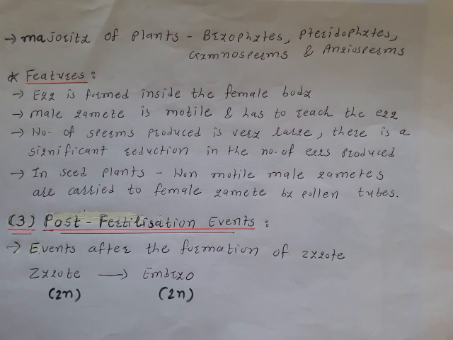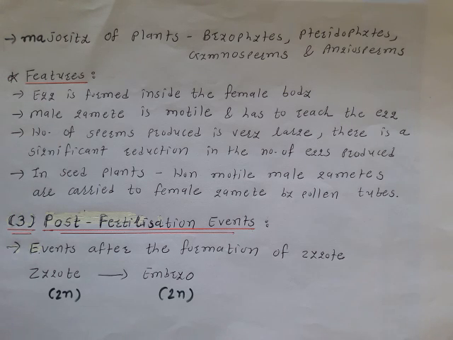Up to this point, the zygote is formed through fusion of male and female gametes. Male and female gametes are always haploid. They undergo syngamy, fusion or fertilization, in the previous event. They form the zygote. The zygote is always diploid, 2n.